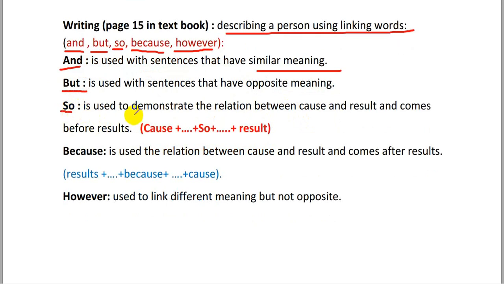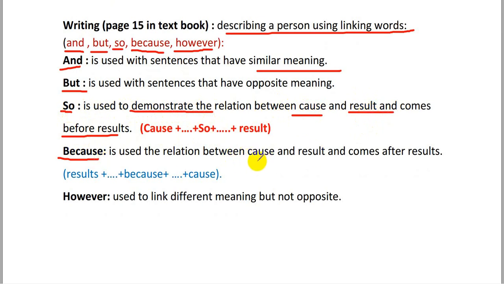So is used to demonstrate the relationship between cause and result, and comes before the result. So and because have the same work, but we have to be careful in using so and because. Why? Because so لذلك عادة تستخدم لبيان العلاقة ما بين السبب والنتيجة.